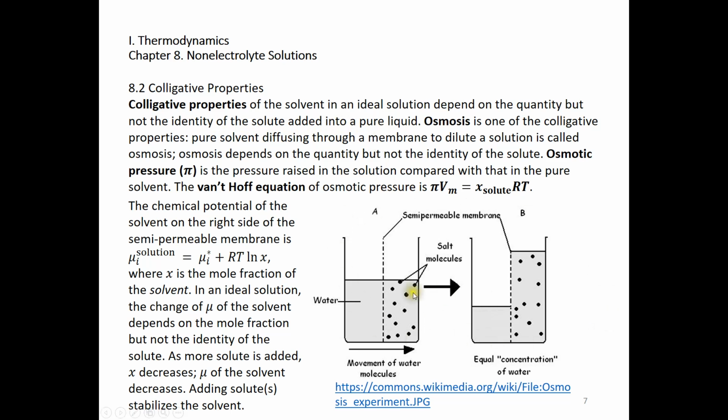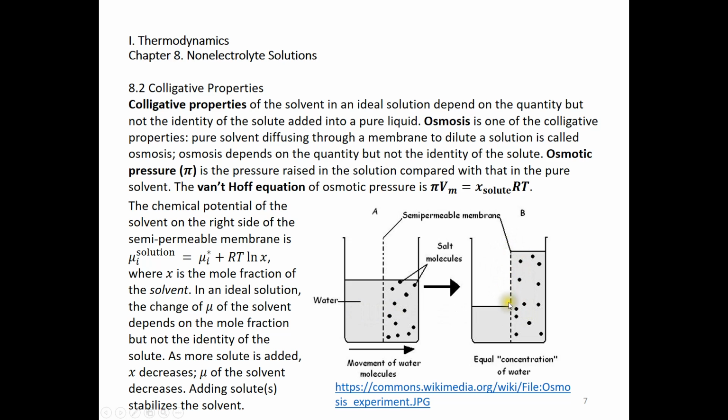If we look at this diagram, in this beaker of water, we have a semi-permeable membrane that allows water molecules to pass through, but not the salt. Now if we have this beaker, we will see water moves from left to right. And you can see there's a height difference.